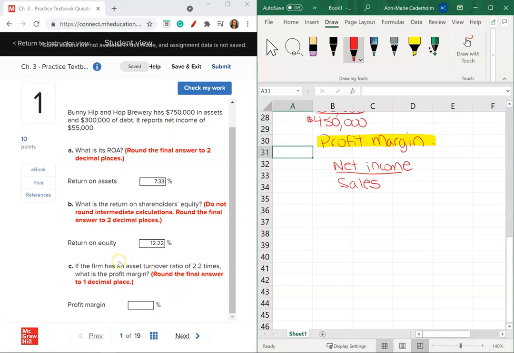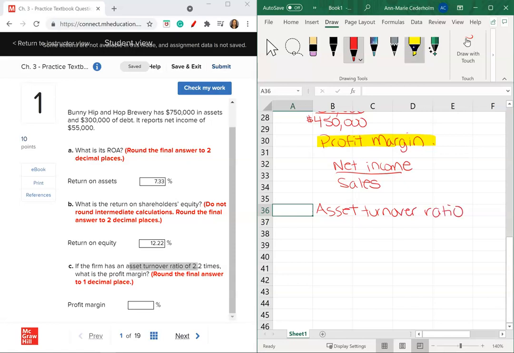So then I look at this question and it says nothing about net income, but it starts telling us the answer to the asset turnover ratio. So then I know if I work backwards, I can get one of those numbers. So asset turnover ratio.